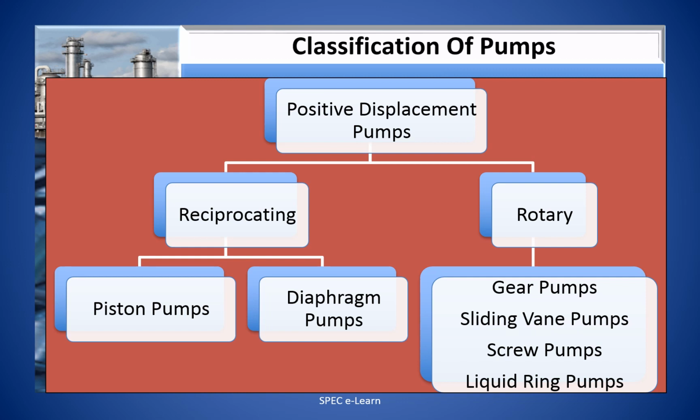The two main types are reciprocating and rotary. Under reciprocating, you have piston pumps or plunger pumps and diaphragm pumps. Rotary pumps are divided into gear pumps, sliding vane pumps, screw pumps, and liquid ring pumps.